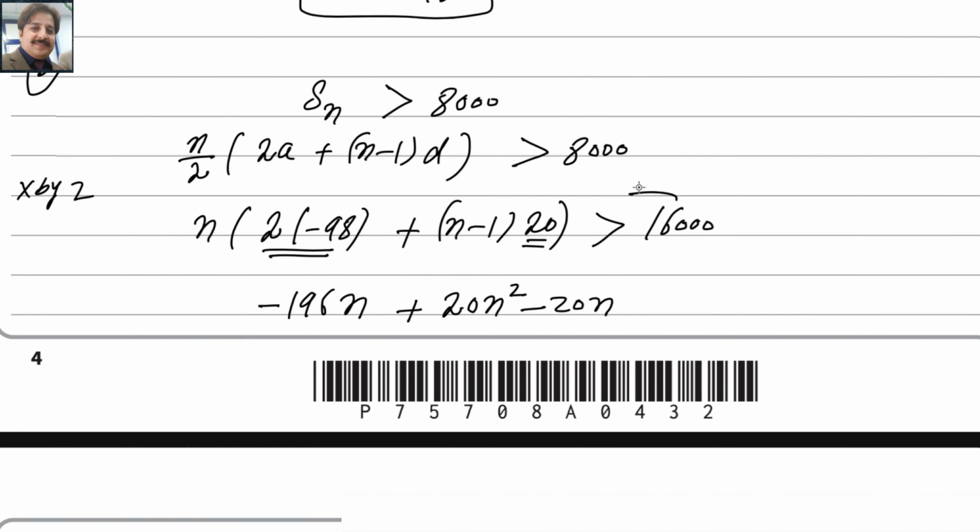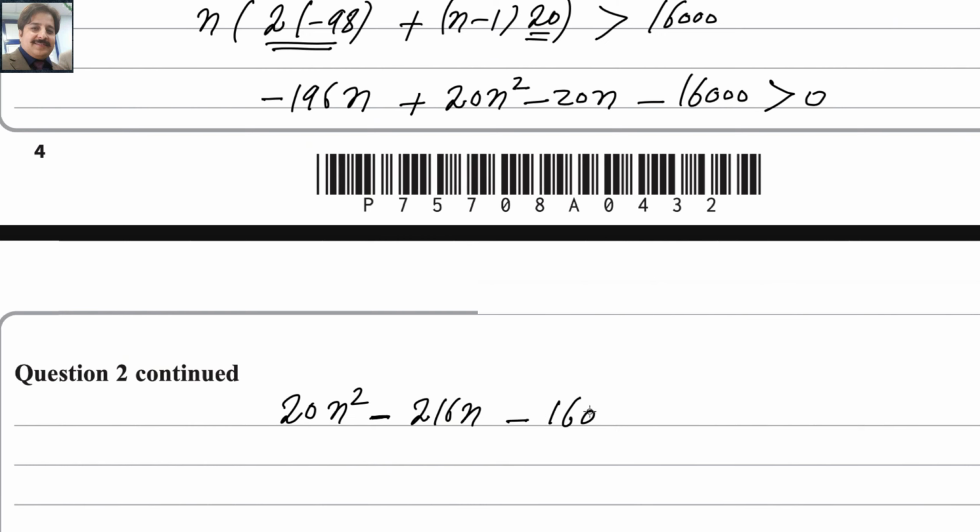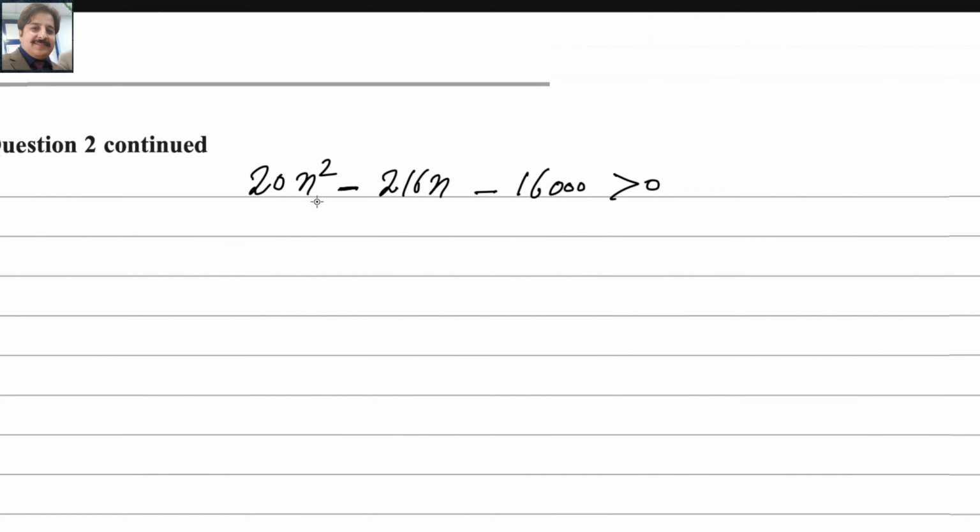And you can bring this 16,000 to left hand side, greater than 0. You get here 20n squared minus 216n minus 16,000 greater than 0. To get the values of n, we will use quadratic formula.